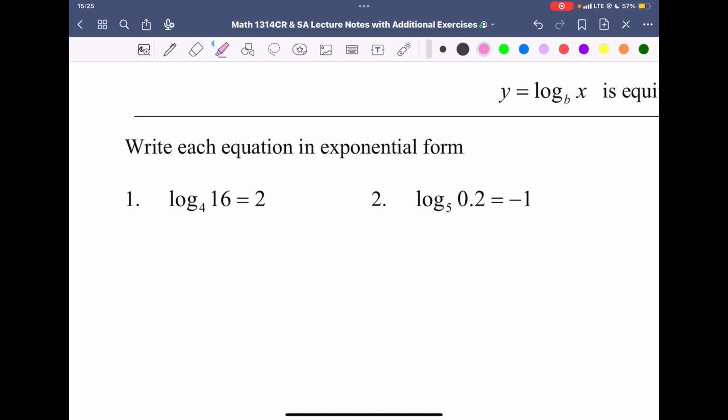So we have b equals 4, x equals 16, y equals 2. So it's 4 raised to the second equals 16. And this is the whole solution.